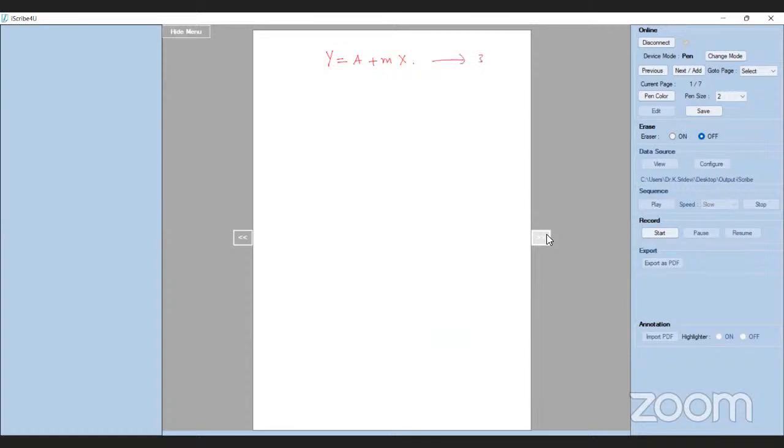Give equation number 3. So now we can say that this is the equation of a straight line in X and Y. If you observe, this is in the form of y is equal to a plus bx. So this is the first degree polynomial or straight line.